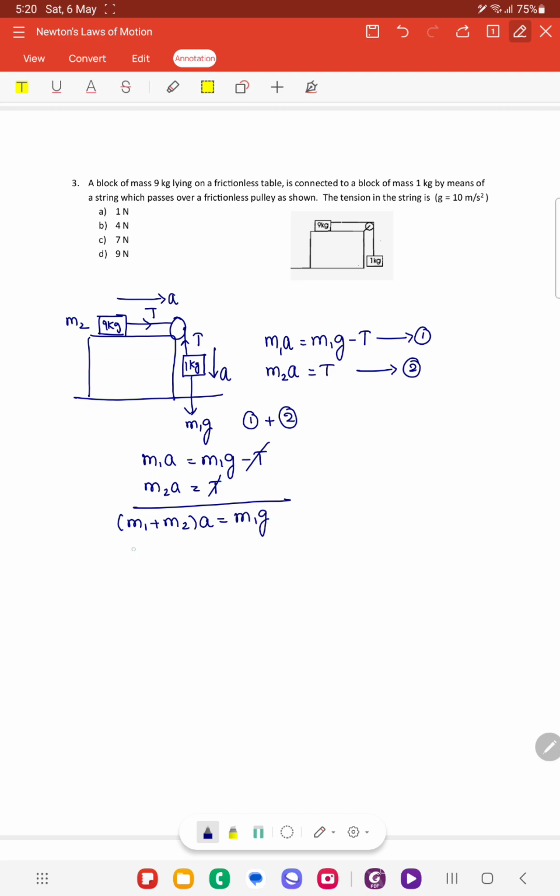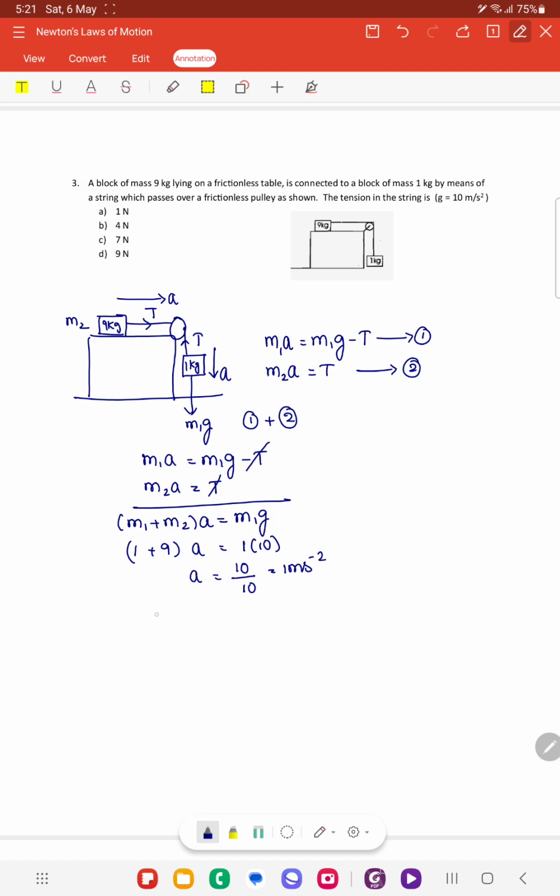So m1 is 1 kg, m2 is 9 kg, (9 plus 1) into a is equal to 1 into 10, or a is equal to 10 by 10, which is equal to 1 meter per second square. We have acceleration is 1 meter per second square.